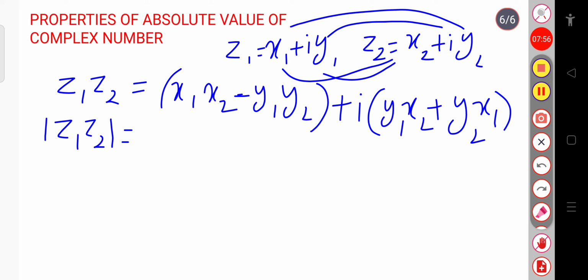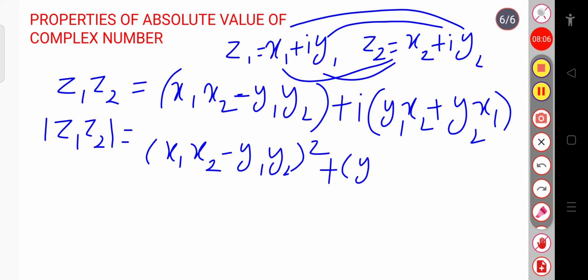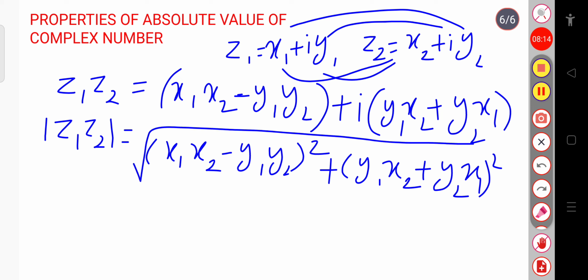That will be x1 into x2 minus y1 into y2 whole square, plus y1 into x2 plus y2 into x1 whole square. Clear? And again the root over. This is in the form of a minus b whole square.